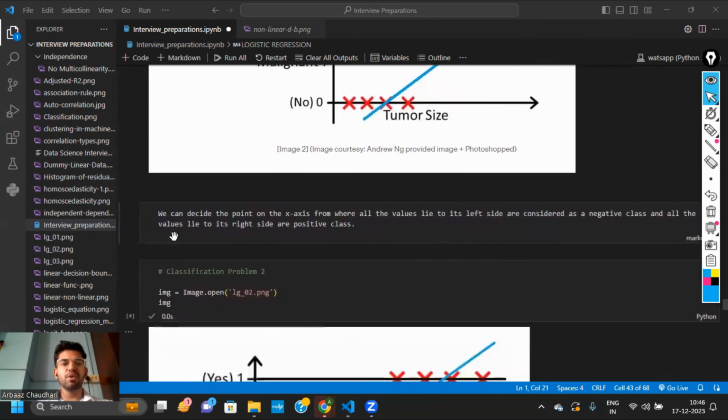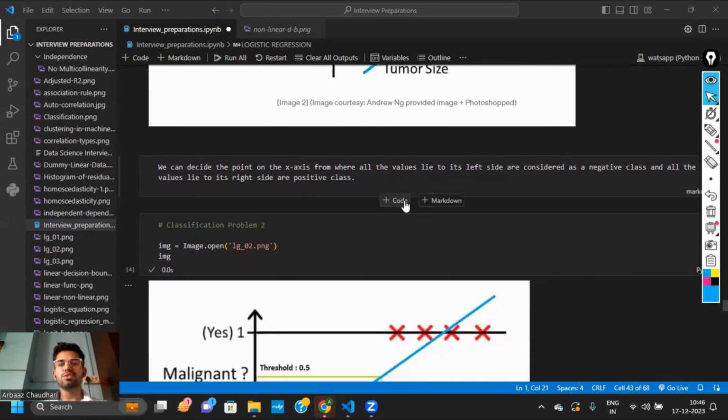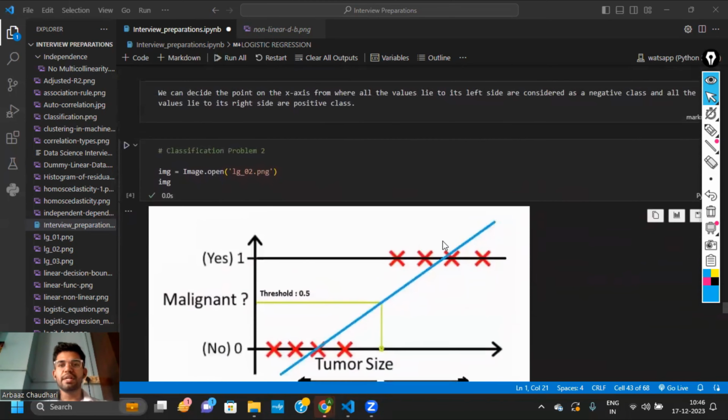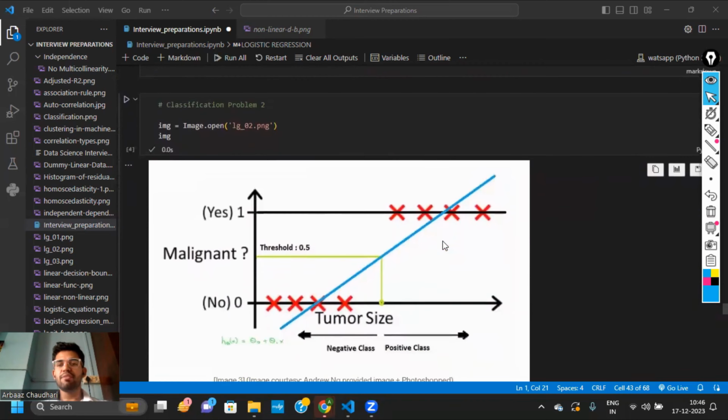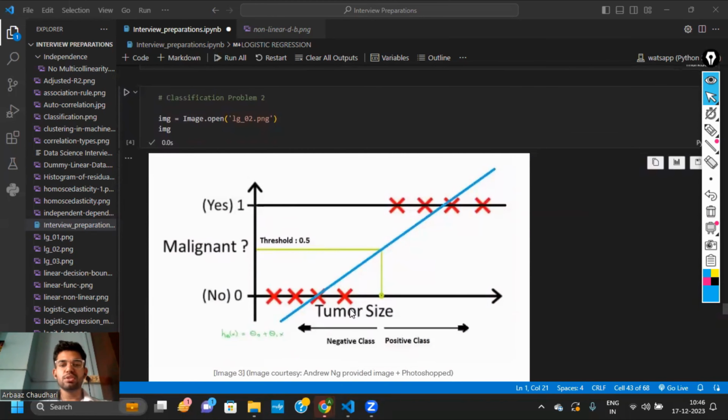Now we can decide a point on the x-axis such that all the values to its left side are considered the negative class. So the tumor size data points on the left are negative.